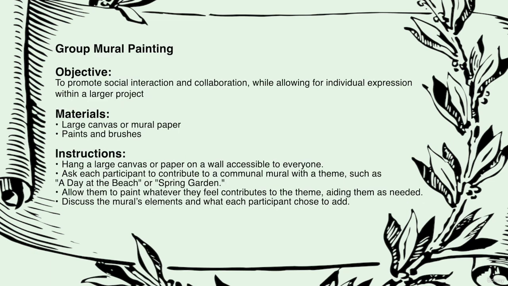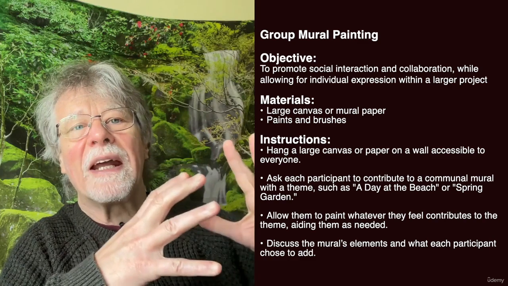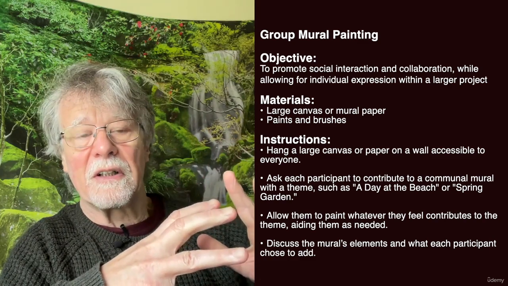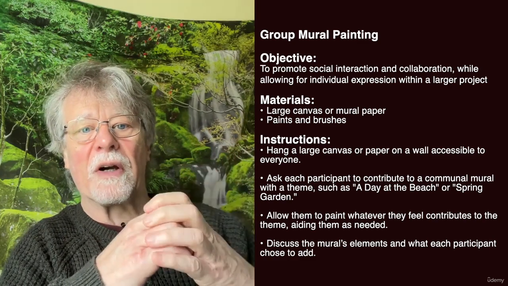Now something a bit unusual, and I appreciate this to be very difficult to do as part of this course: a group mural painting. This is to promote social interaction and collaboration, but also allows individual expression. What I would like you to do is to create, on a big sheet of paper, only in a small portion of it a piece of artwork.